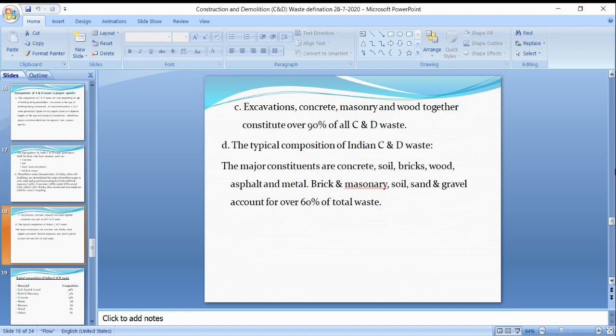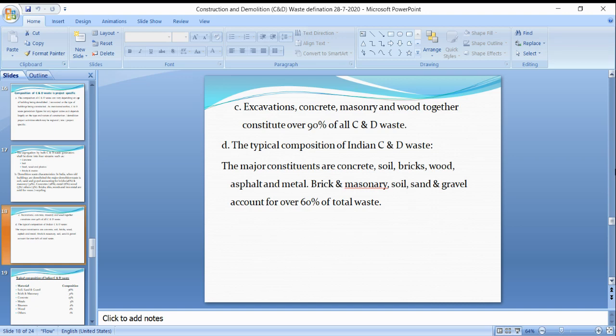So excavations, concrete, masonry, and wood together constitute over 90% of waste. Generally, masonry, concrete, and the excavation materials, and some wood also. If the wood is there, that is also decayed.